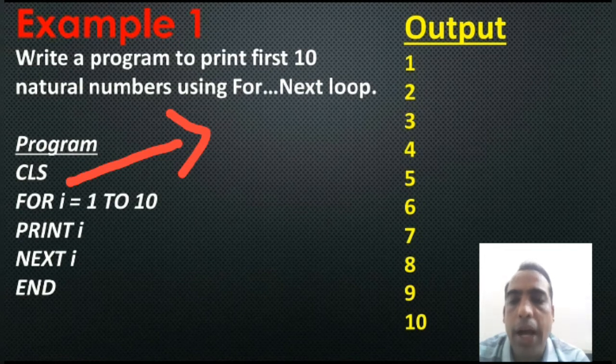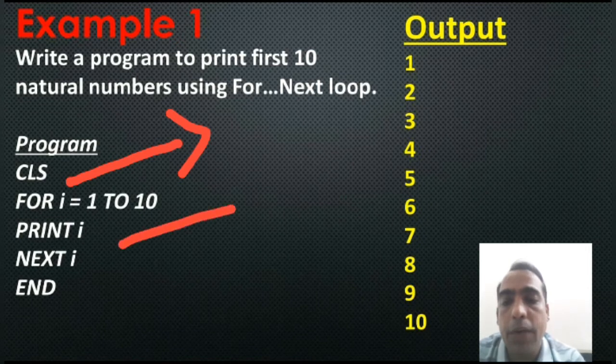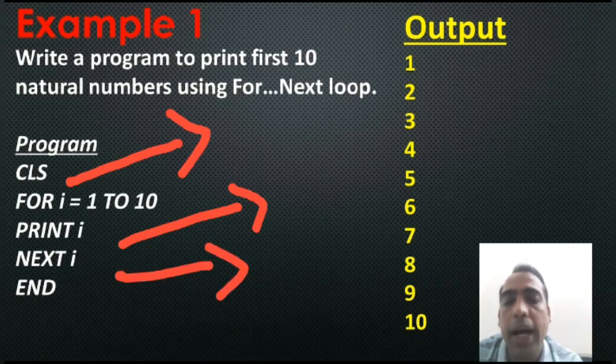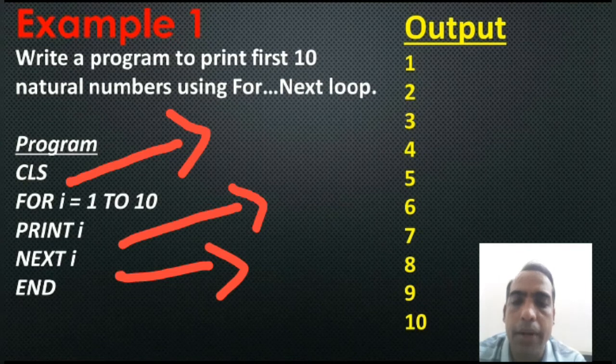Then print I. It will print the value of I. The initial value of I is 1. It means it will print 1 the first time. Then next I. Next I increases the value of I by 1. Then end. Now you can see the output of this program here.